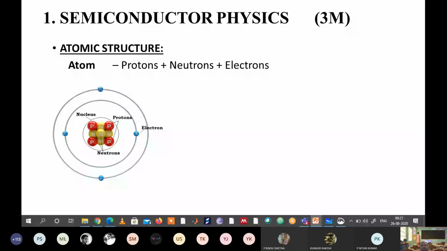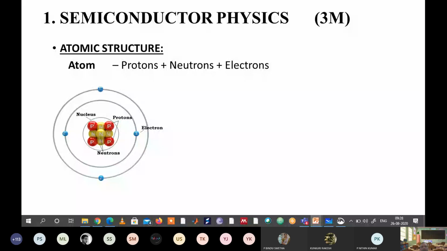In semiconductor physics, the first topic is called atomic structure. You might have already learned these concepts in physics or in intermediate, but let me revise them so that you remember them well. What is an atom? An atom is a combination of a nucleus and electrons revolving around that nucleus.